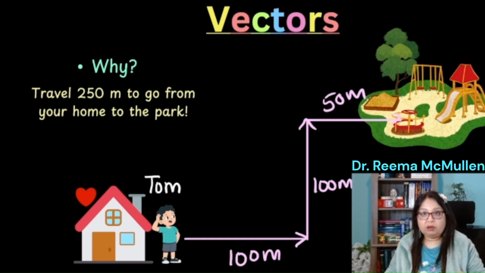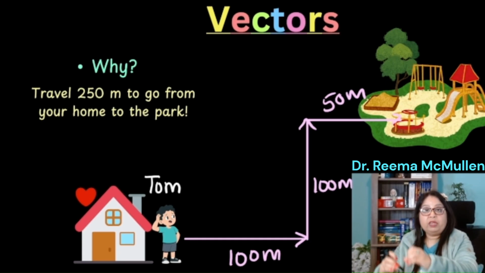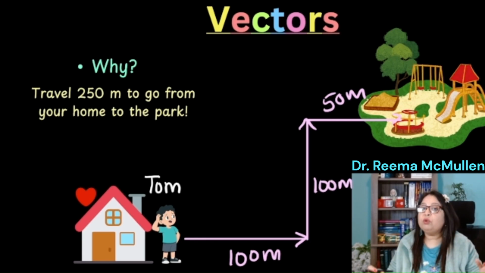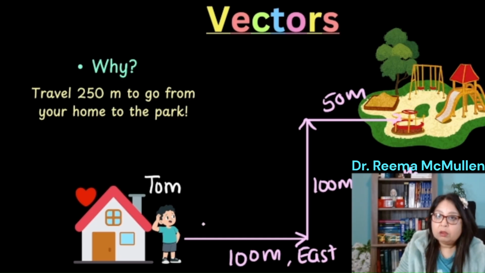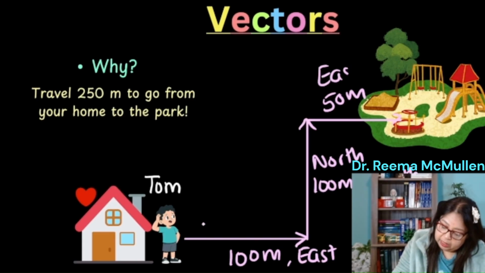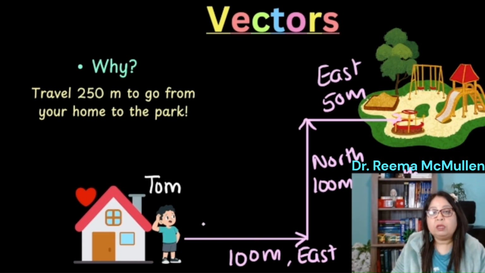So these numbers here, 100 meters and 50 meters, are called displacements. These have direction: east, north, east. They have magnitude and direction associated with them. So therefore, these are vector quantities.